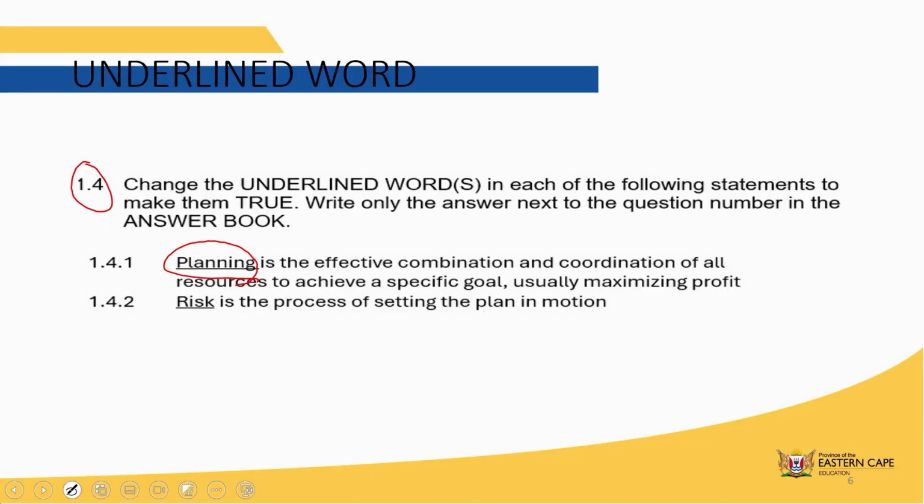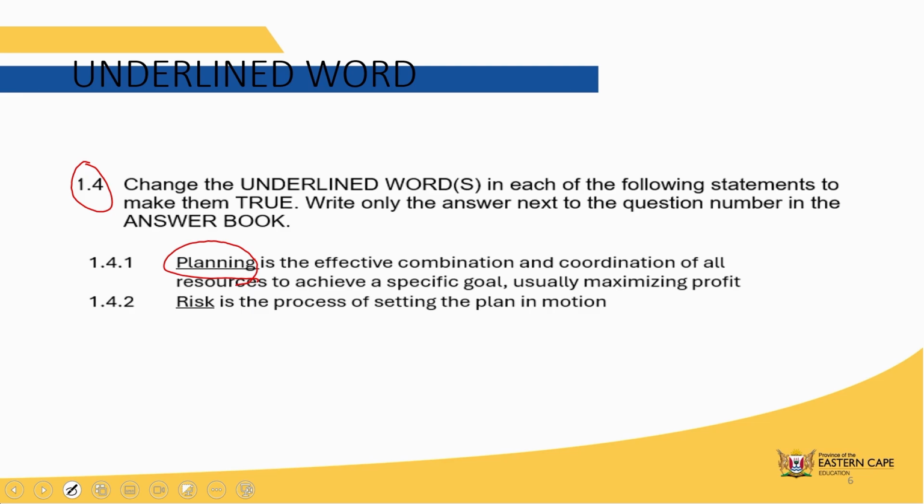The correct word to replace planning is management, which is there in 1.1. So I'm trying to show you that each topic is represented and all the terms are there.